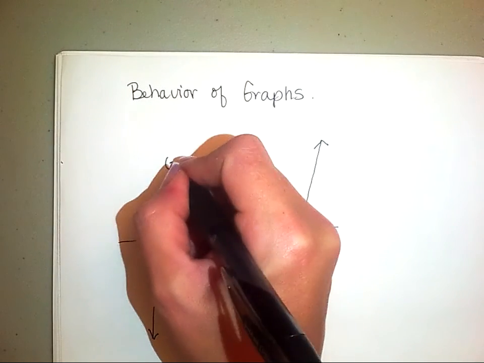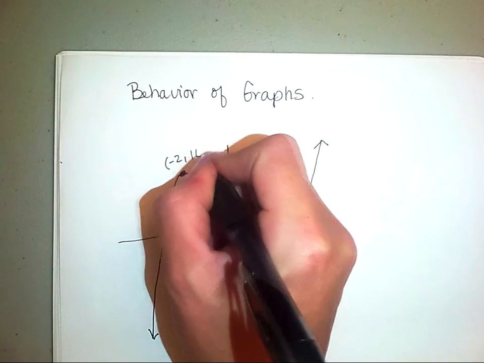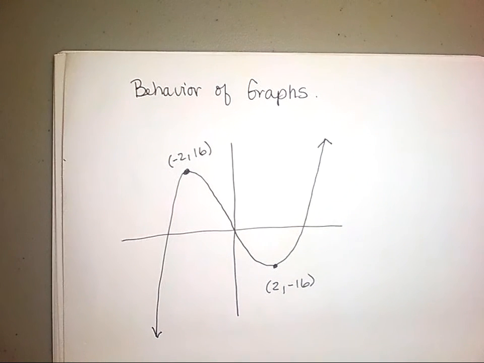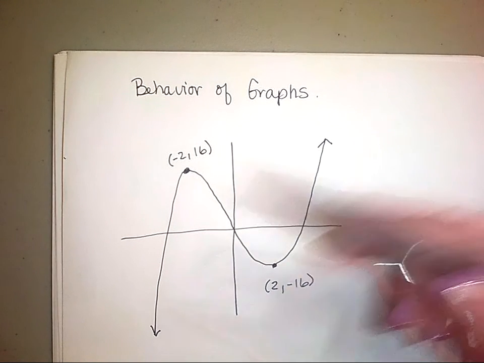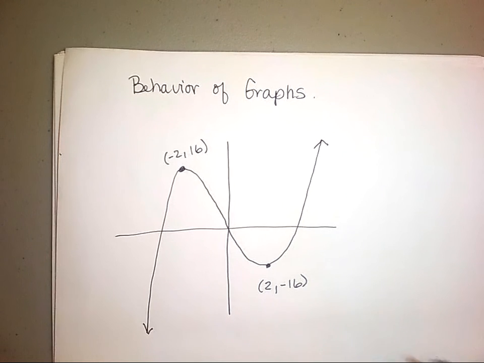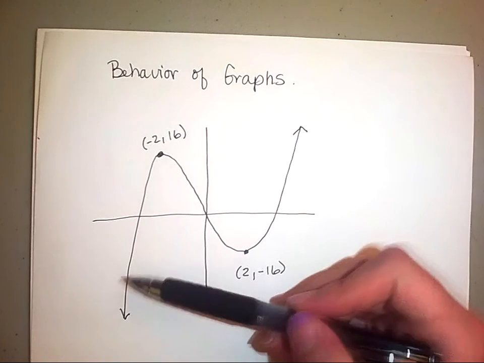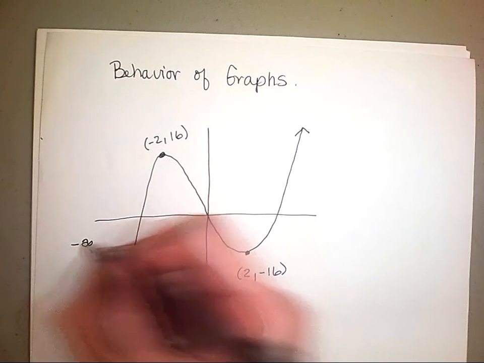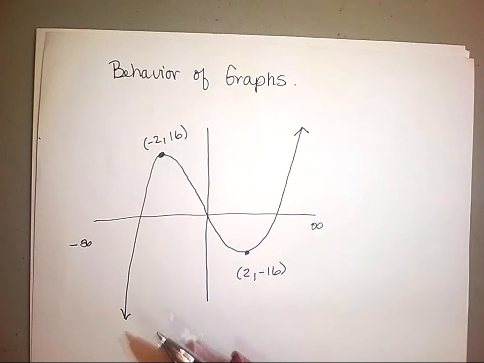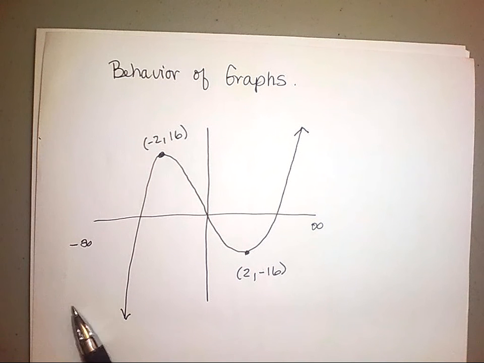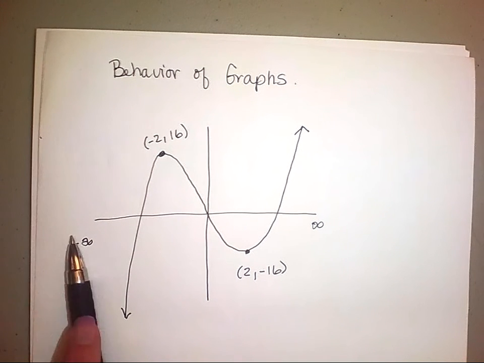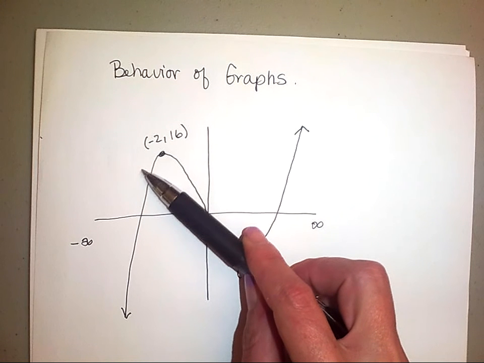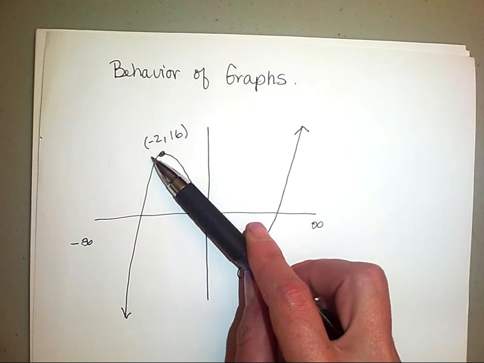Alright, so if I was to draw a function like this for you, let's say this is the point 2 comma negative 16, and this is the point negative 2 comma 16. The graph changes its behavior as it's going.